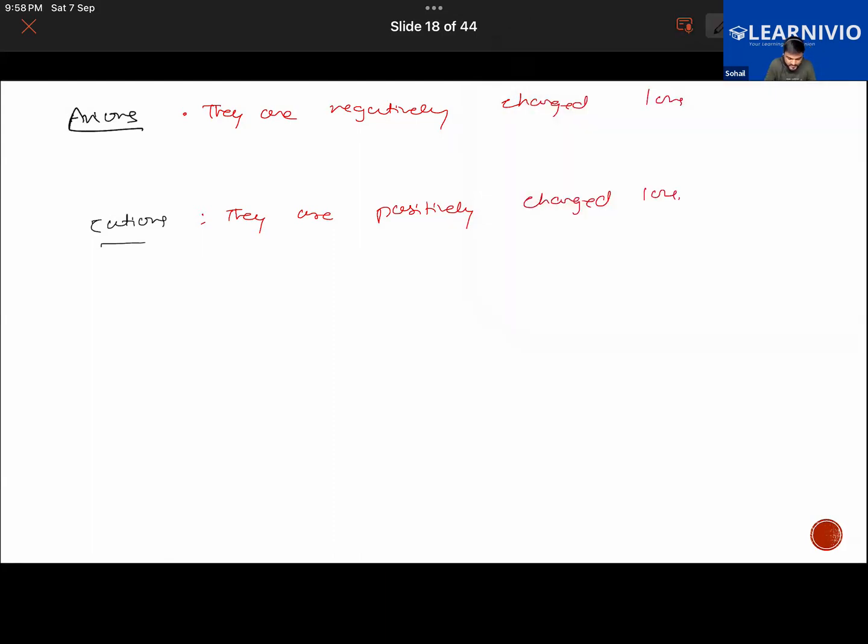Now take this example, like we have this glass beaker here. We have the anode and cathode in this. Let's say this is the anode, this one is the cathode. The anode is connected to the positive terminal of the battery, while the cathode is connected to the negative terminal.